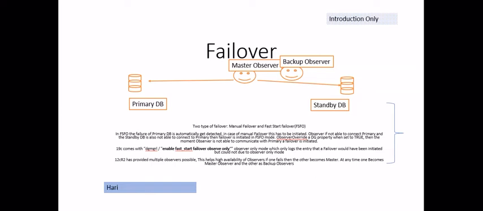In 19c, there comes the enable fast start failover observe only command. This observe only mode only logs an entry in the log that a failover would have been initiated but could not be done due to observe only mode.